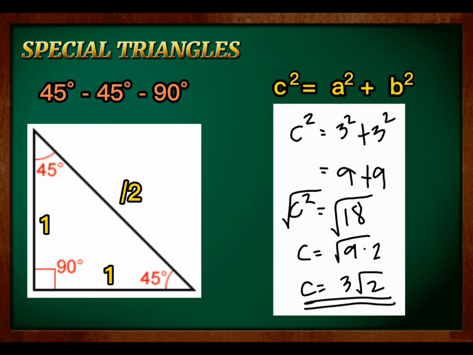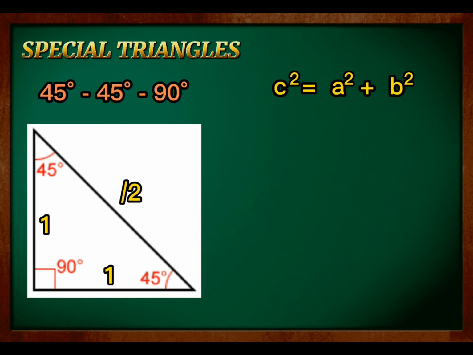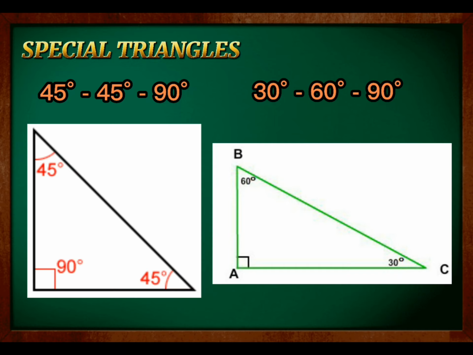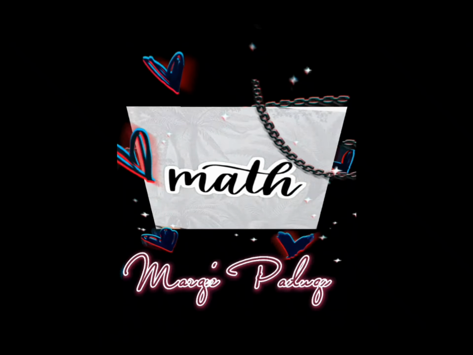That is still proportionate with the fixed measurement of 1, 1, and square root of 2. So those are the reasons why 30, 60, 90 and 45, 45, 90 triangles are called special triangles, because they have those fixed measurements which are proportionate to any measure that is given, by using the Pythagorean theorem.